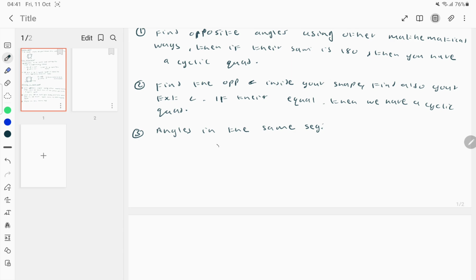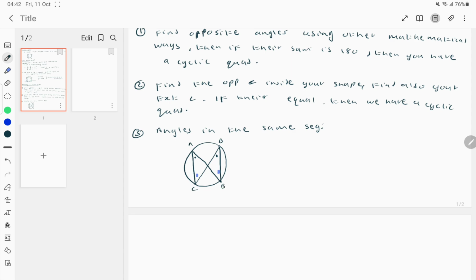Remember, for angles in the same segment, you'll have a circle and we see it with a bow tie. If I have a bow tie like this, this angle will be equal to this one, and this one is equal to that one. So using other mathematical ways, if you saw that these two angles are equal, then it means you will have a cyclic quad.